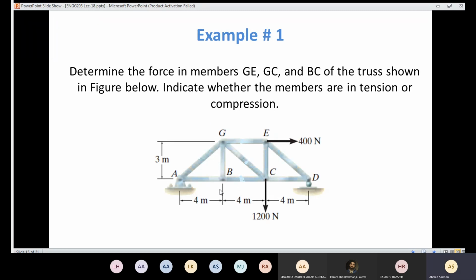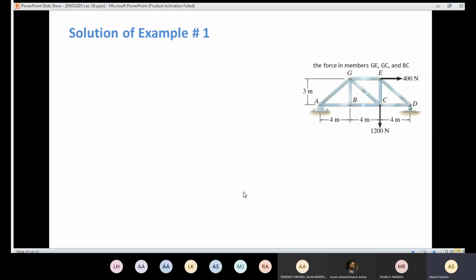So in this case, it's better to use the method of sections. It's also required to tell whether those members are in tension or in compression. So let's see how to use the method of sections to solve this problem.